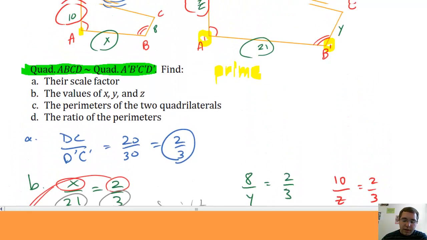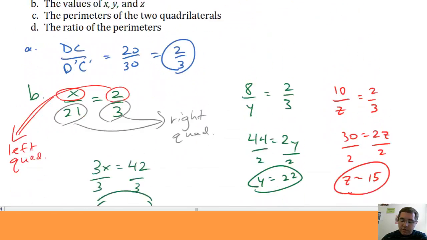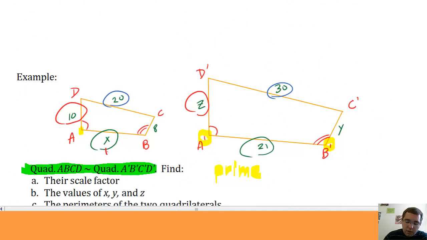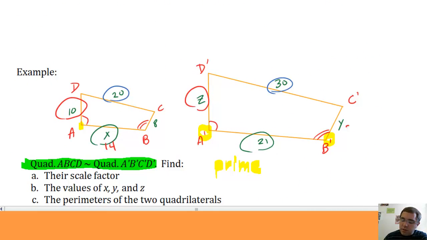Okay, part C, we need to find the perimeters of the two quadrilaterals. Well, now that we know x, y, and z, that's easy. X is 14, y is 22, and z is 15.